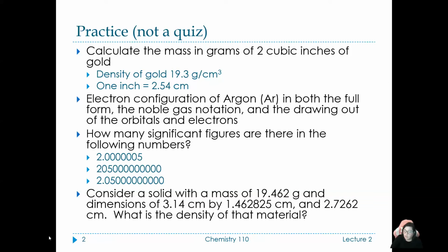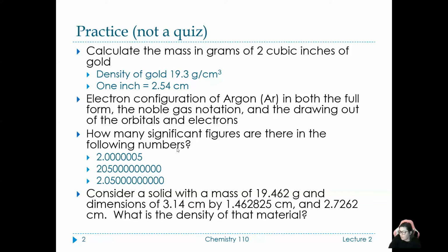So leaving what I had before, I want to do argon, full form, noble gas, which I'm just going to write as Ng, and then orbitals and electrons. Okay. So argon, what number is argon? Argon is number 18 on the periodic table. I have a periodic table that I'm looking at here. So argon is 18. That means we typically have 18 electrons.